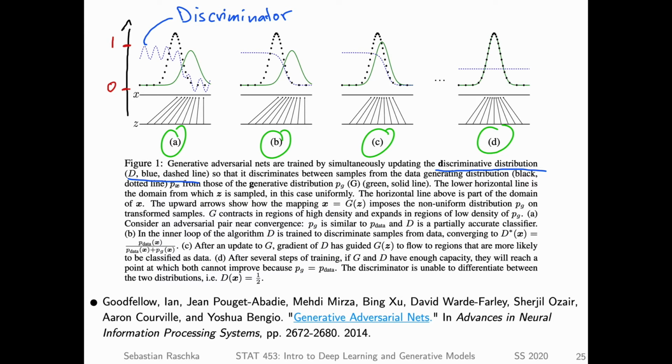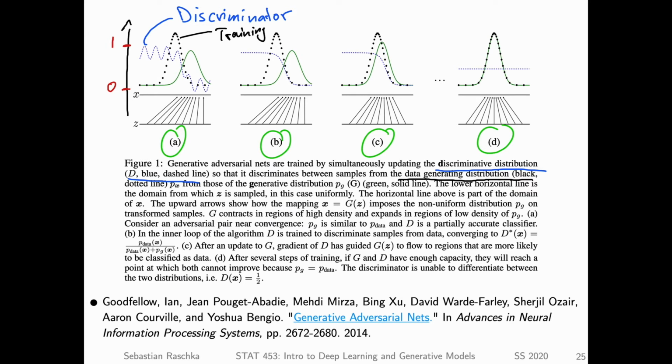Let's take a look at the caption to see what the other elements are. There's a data generating distribution in black, that would be this one. Data generating distribution here means the distribution from which the training set was drawn. In practice, we usually have a training set, we don't have access to the whole distribution. So let's just call that, so it's more intuitive, the training distribution.